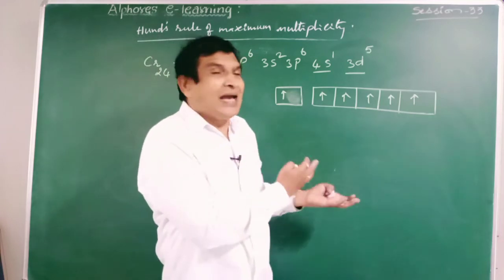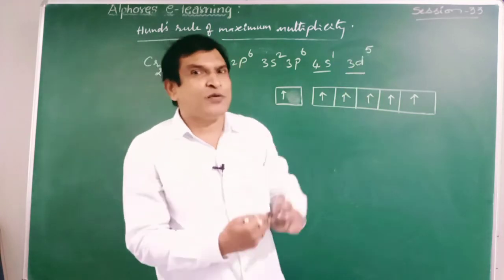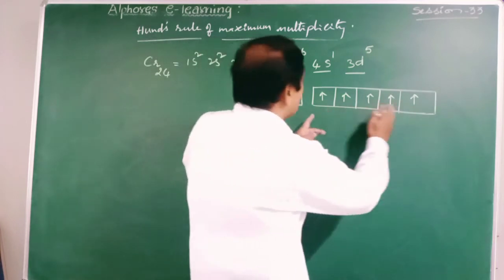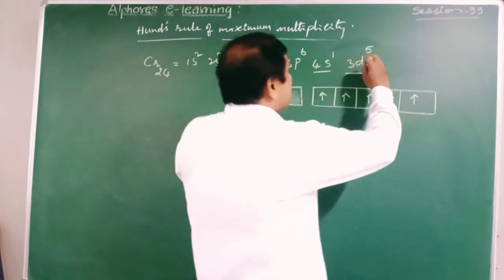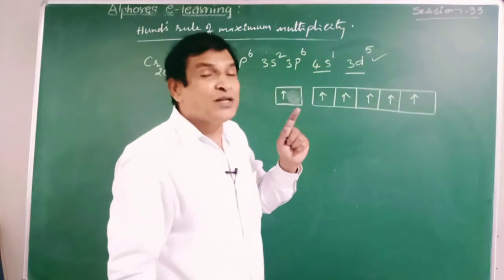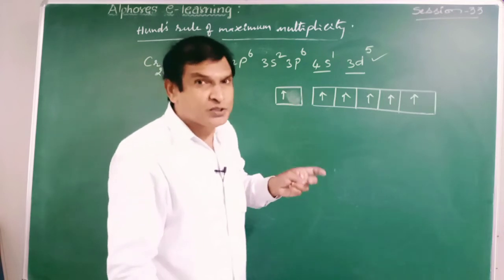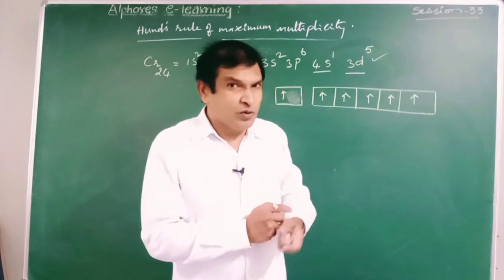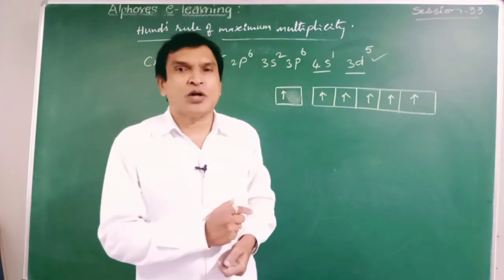The half-filled d orbitals are extra stable. Therefore, chromium 24 shows anomalous electron configuration, meaning deviation from the normal electron configuration.